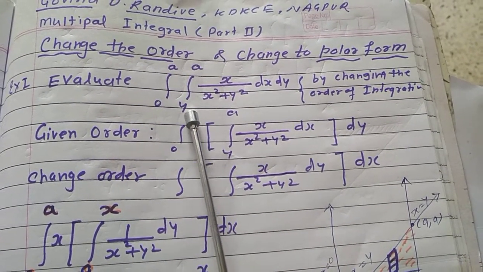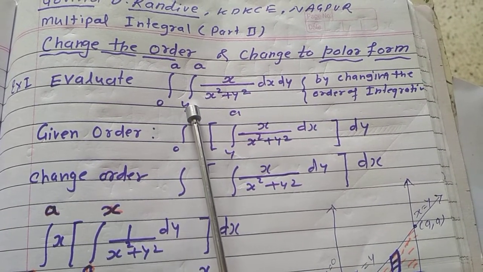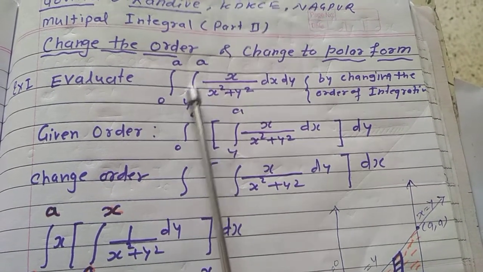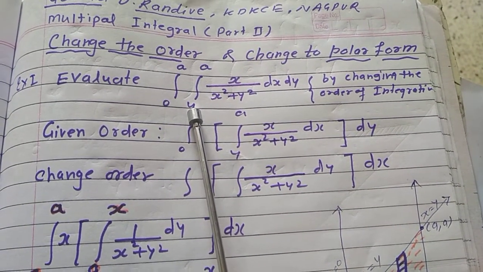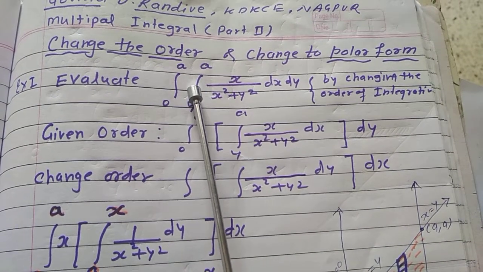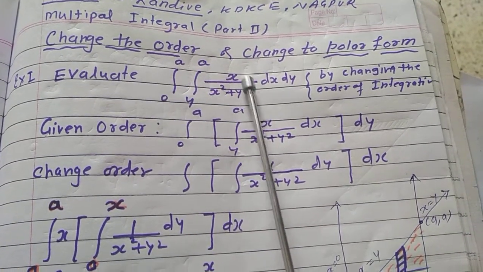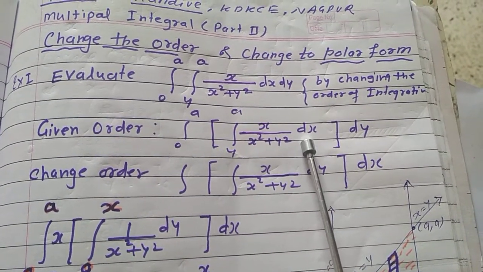See the limits. In this given problem, the lower limit is y, the upper limit is a. So this is definitely x is equal to y. That's why in the given problem, the first integration is with respect to x.